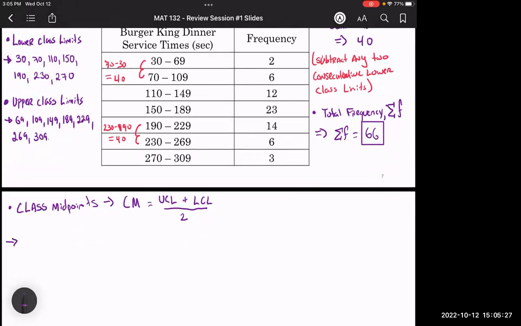For the first class, from 30 to 69, we take those two values and add them up. You can do 30 plus 69 or 69 plus 30, you still get the same result. Then you divide by 2. What would that be? 30 plus 69, then divide by 2. 49.5.